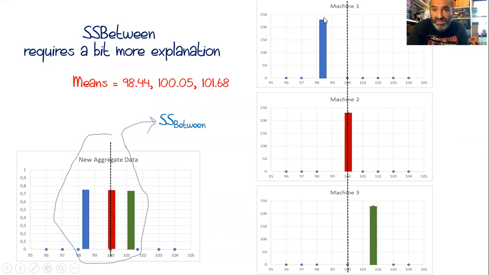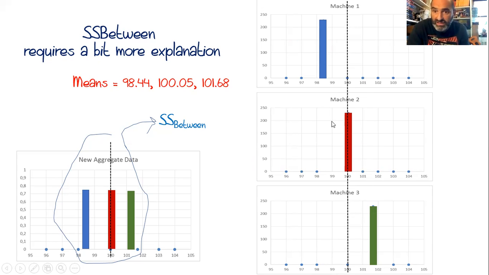You have 220 something 98.44s. You have 220 something 100.05s, and you have 220 something 101.68 or whatever. All right. So you have again 670 data points.